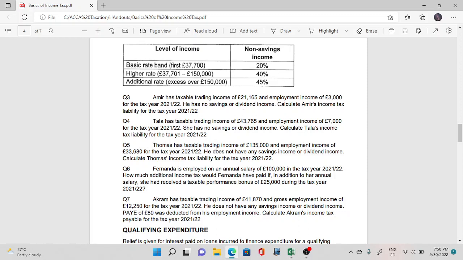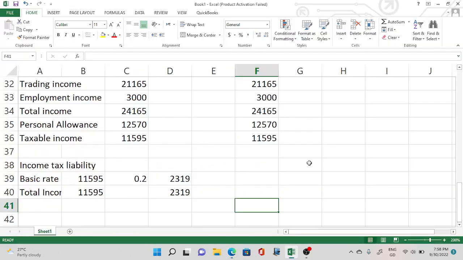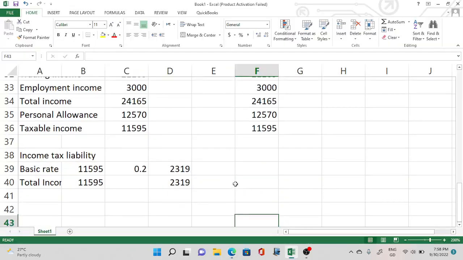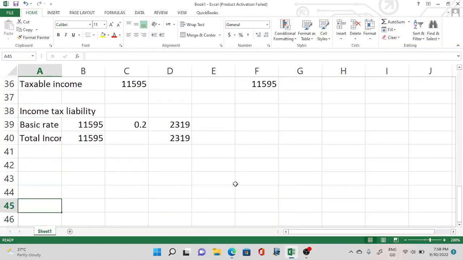Question number 5, we are having trading income, we are having employment income, no savings, no dividend. But this question will be a learning question for you. Okay, I have to copy paste it again.